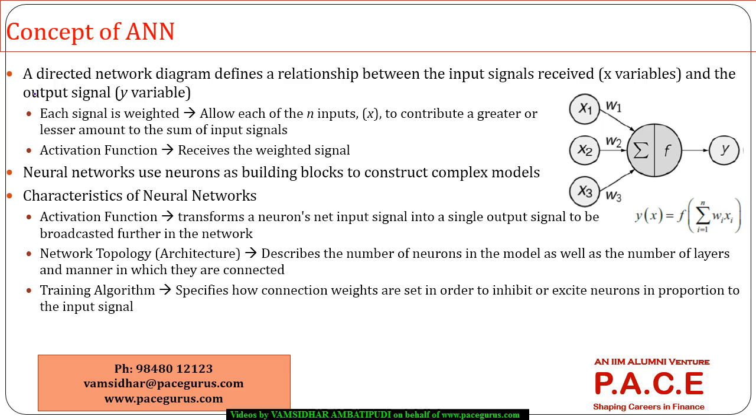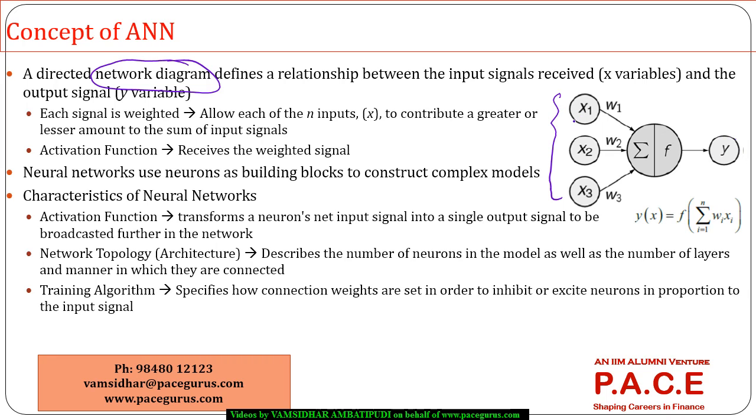Now coming to the basic concept of neural networks. Basically it's a diagram. If we are talking about any kind of network diagram, we are trying to link or put a relationship between different inputs. In general also, we are talking of different inputs mapping to a particular output.